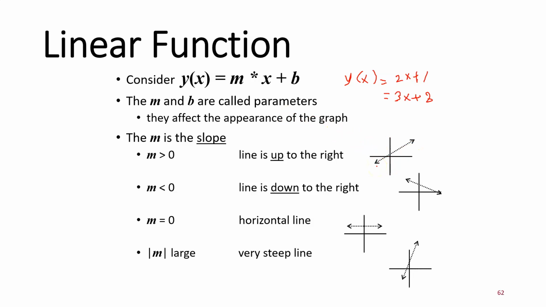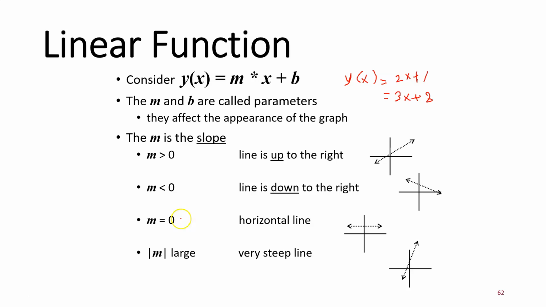It's either the line is up to the right, or the line is down to the right, or it can be a horizontal line, or it can be a very steep line like this. Okay, this m over here is dia punya slope, kecerunan dia. Kalau you have slope greater than 0, you will have this kind of graph. If the slope is less than 0, the graph will be decreasing.